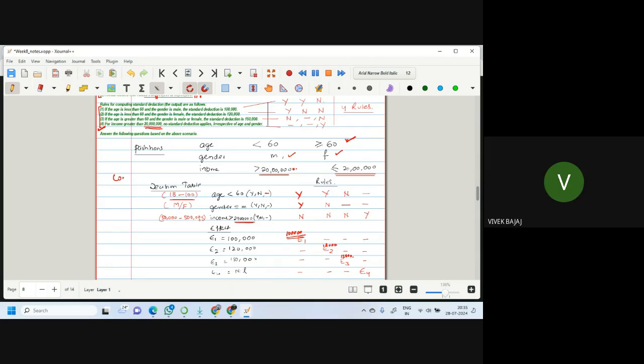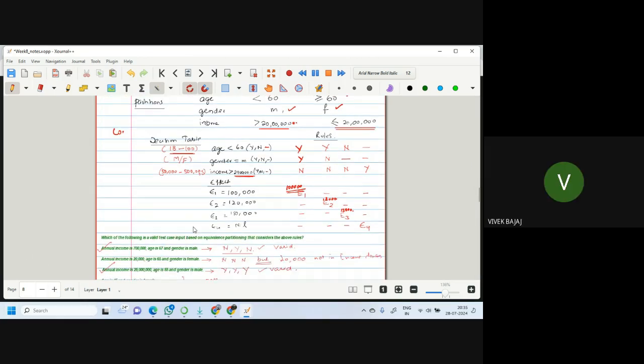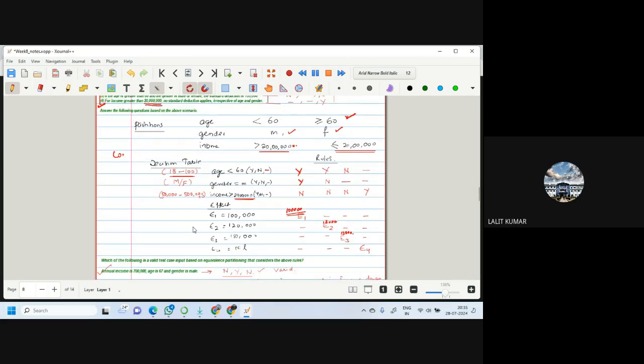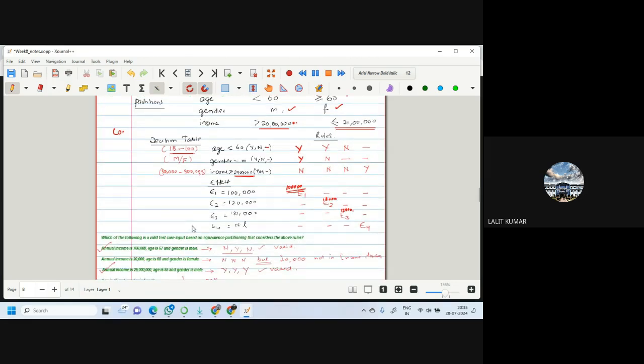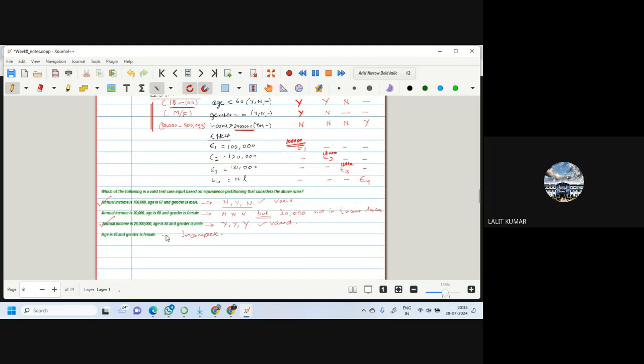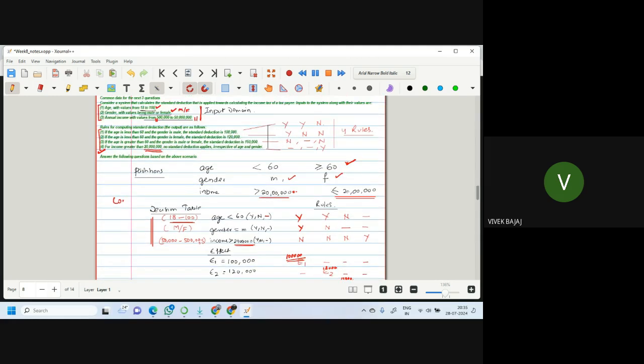Okay, so this is a decision table, and when you give the values, you will keep the values in the domain again. Remember this. So these conditions are very easy for you. I can put this as greater than 60 also. When you put age less than 60, my partitions are 2.